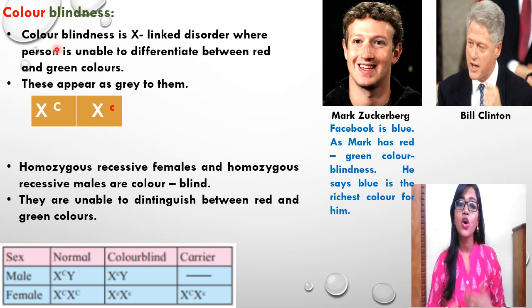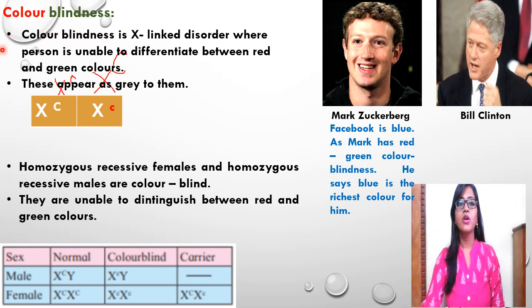It is caused due to a recessive X-linked gene, that is capital C, when it is with the small c. So if that person carries small c, that is a recessive gene on the X chromosome, then that person will be unable to distinguish the two colors, red and green.